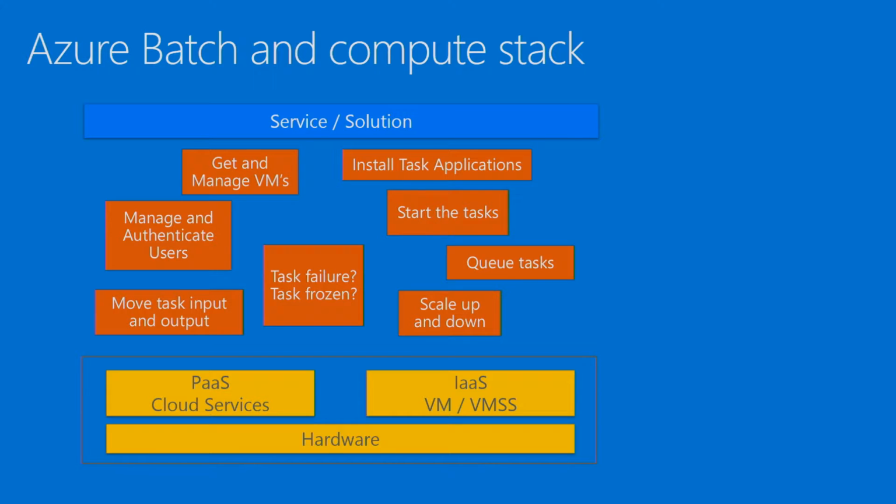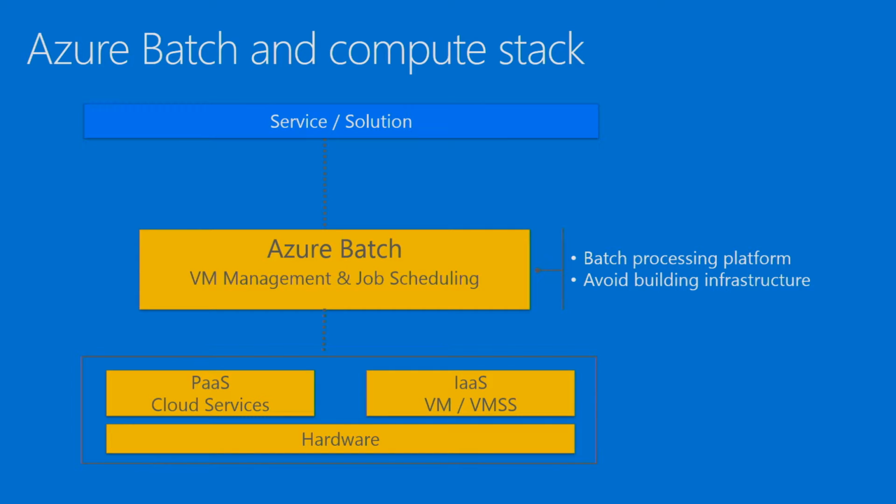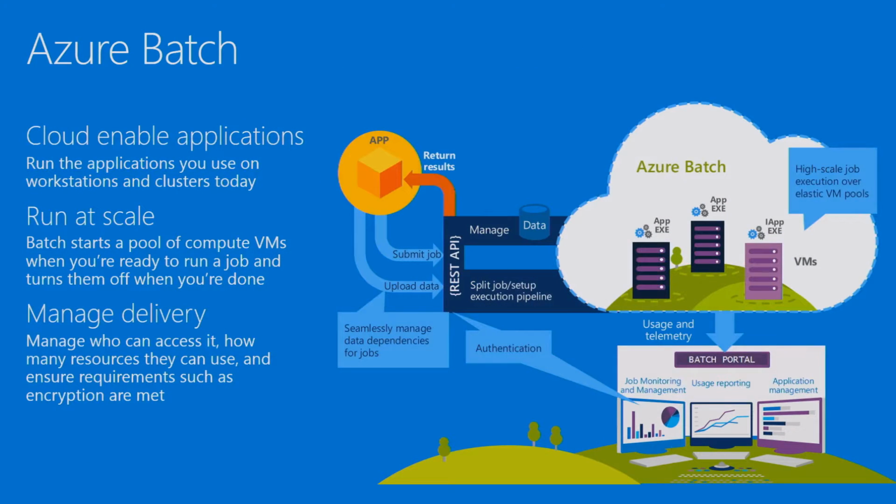So what it will do is keep track of your tasks. If a task has failed, it will requeue it. It has all the functionality that you would want in a scheduler, and you can interact with this service through APIs, and Azure Batch will take care of all those things that we just talked about. You can build an end-to-end simulation service on top of Azure Batch.